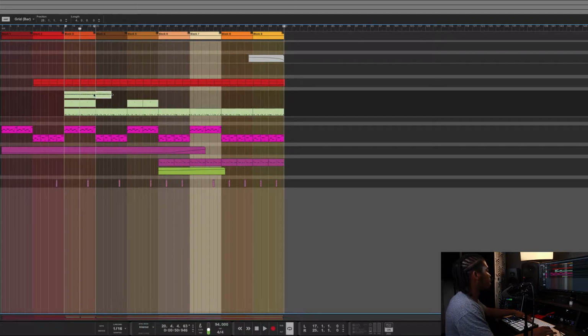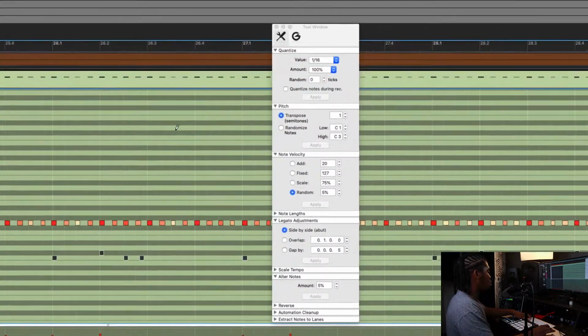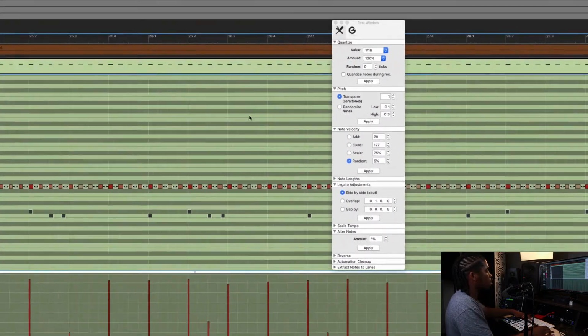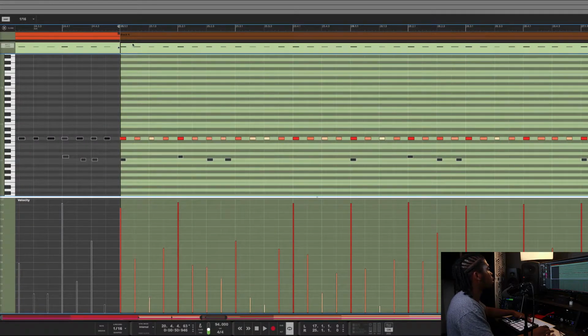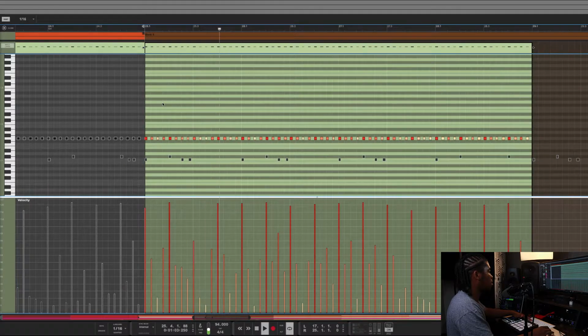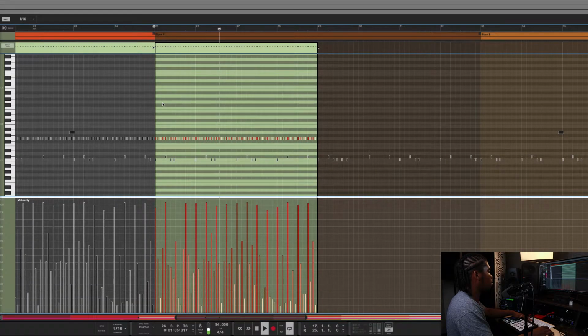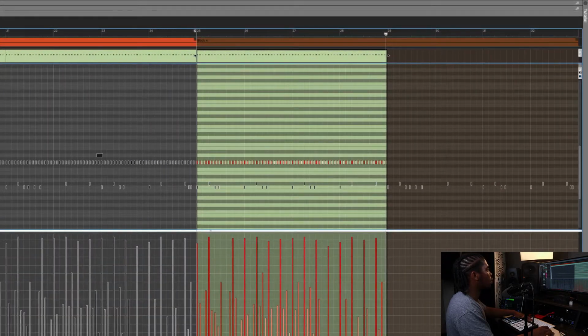If I were to duplicate this and swing these to have 100% of my quantization affecting the MIDI notes, it's going to sound like this. Versus something like this.